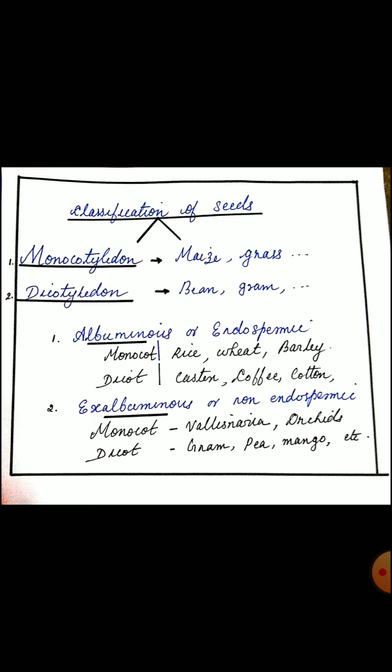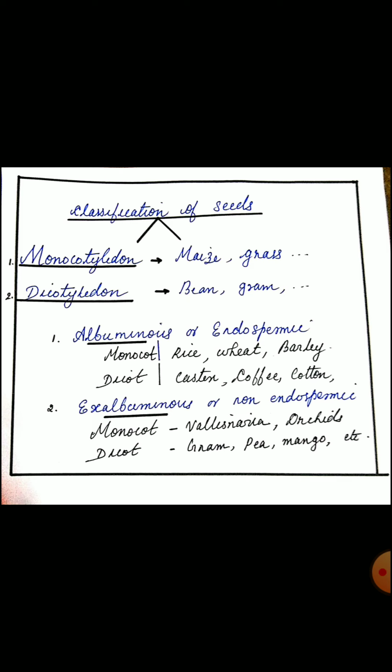Another classification is on the basis of endosperm. In some seeds, endosperm is present and cotyledons are thin and membranous. They are called albuminous or endospermic seeds. But in some seeds, cotyledons are thick and fleshy and endosperm is absent.